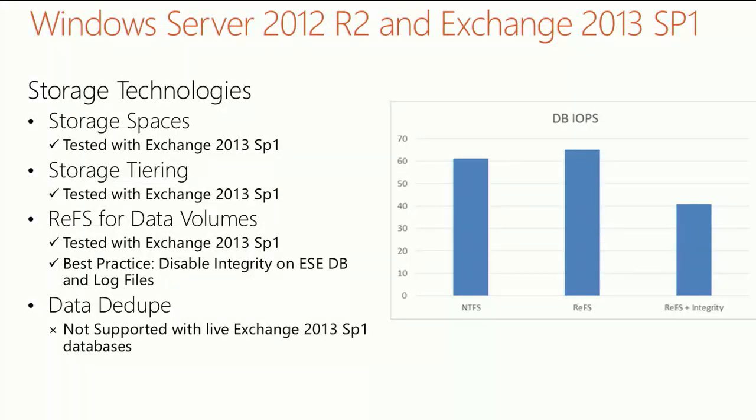For Storage Spaces, a Windows feature that is kind of a whole galaxy of features, we've tested Exchange 2013 SP1 with it, so it's supported. I wouldn't say it's something we recommend as a best practice because JBOD and RAID 0 type drive configurations are plenty good enough, but we have tested it.